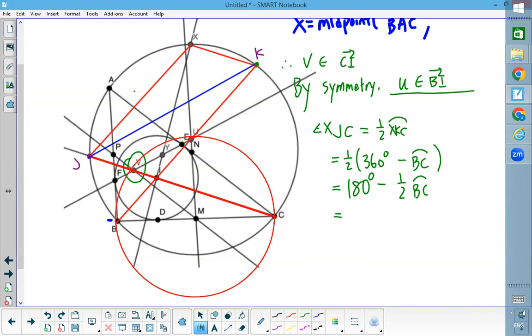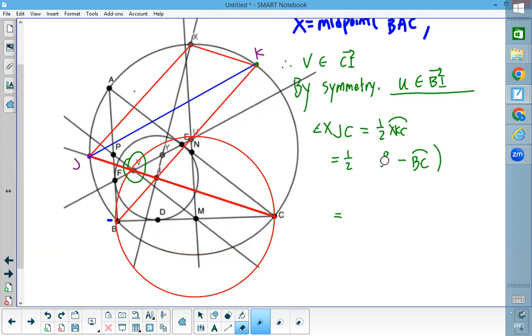Wait, hold on a second. No, it's 1/2 of the arc XKC. Actually I made an algebraic error here.